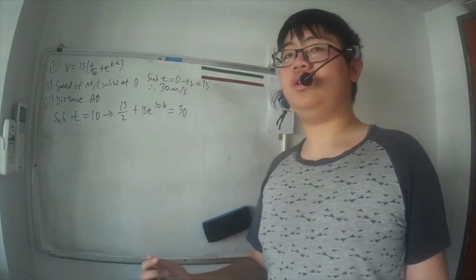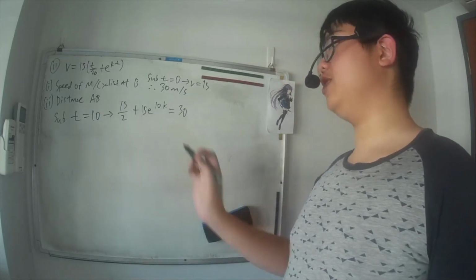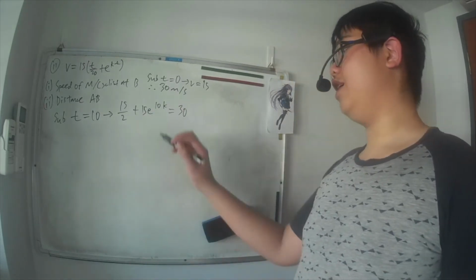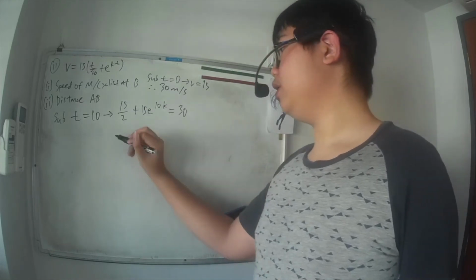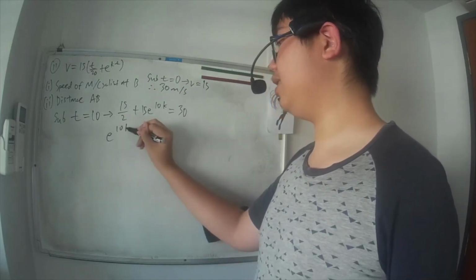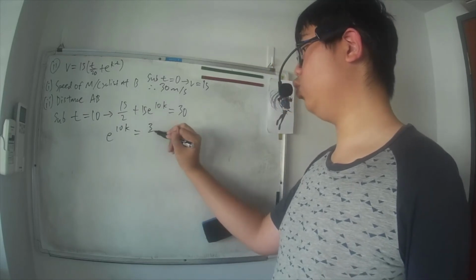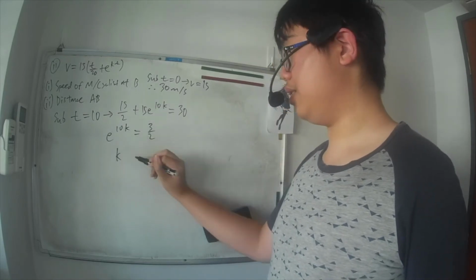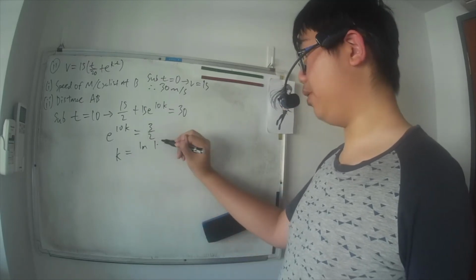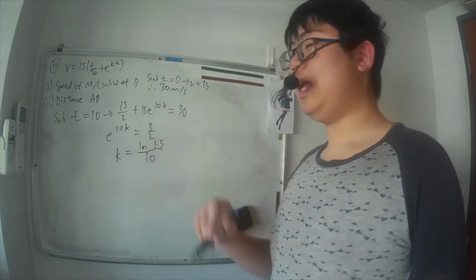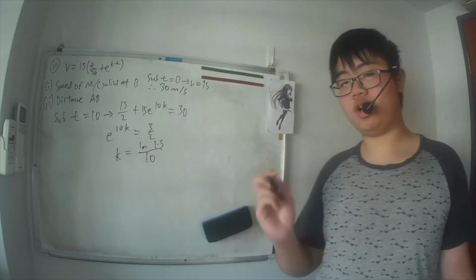And of course, let's just divide everything by 15 so our life is a bit easier. Then this becomes 2 on this side. You subtract half, it becomes 3 over 2. So e to the power of 10k is equal to 3 over 2. So therefore, your k is equal to ln 1.5 divided by 10. And this is obviously an irrational number.